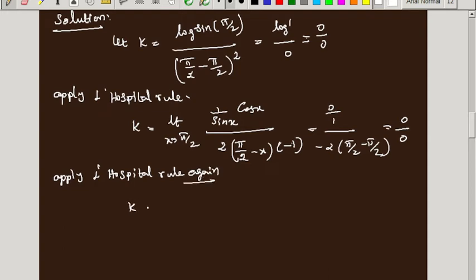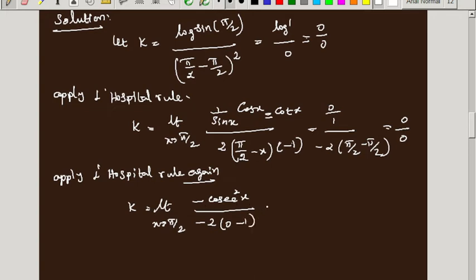So k equal to limit x tends to pi by 2. So here this cos x by sin x, we write it as cot x so that it will be easy to solve the problem. Cot x differentiation is minus cosecant square x dividing by, so here minus 2 is constant, pi by 2 minus x is there, pi by 2 differentiation is 0, x is minus 1.